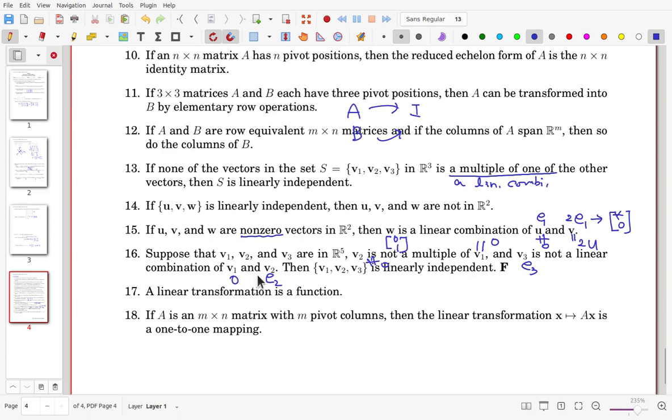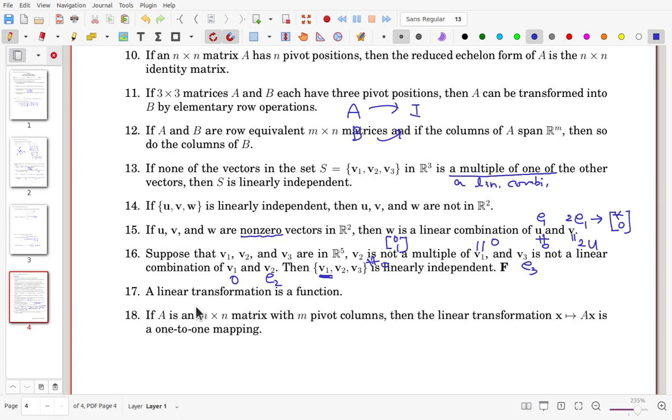These two are true, but because v1 is chosen to be 0, this set cannot be linearly independent, so the given statement is false. It's not true.